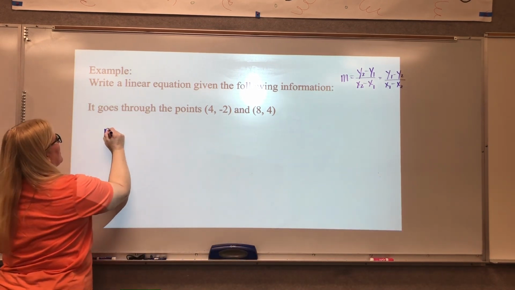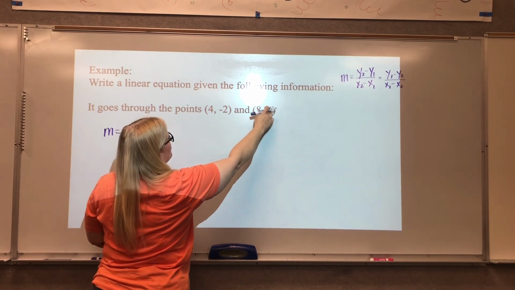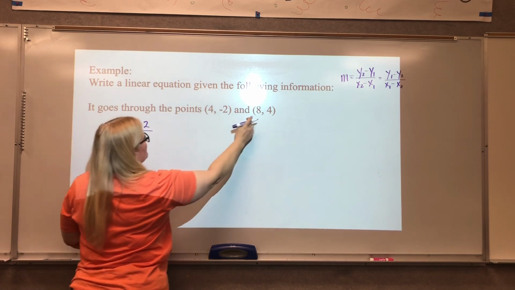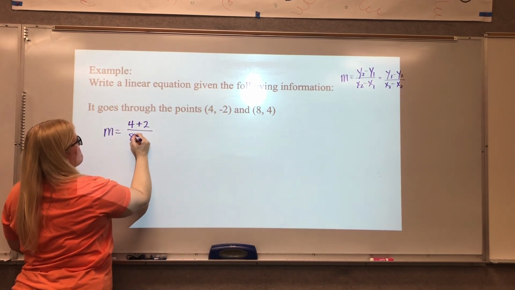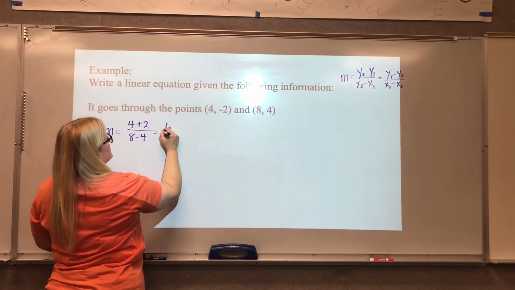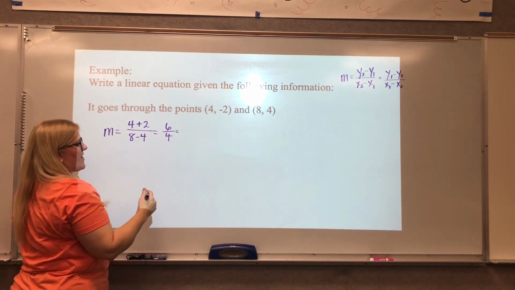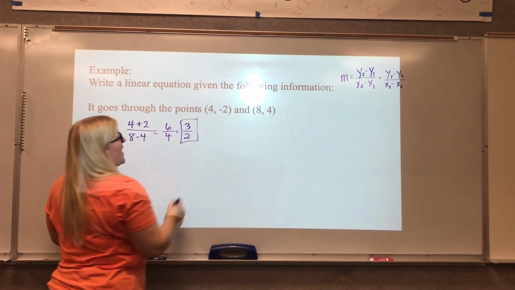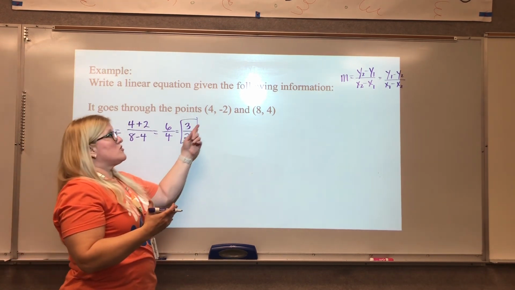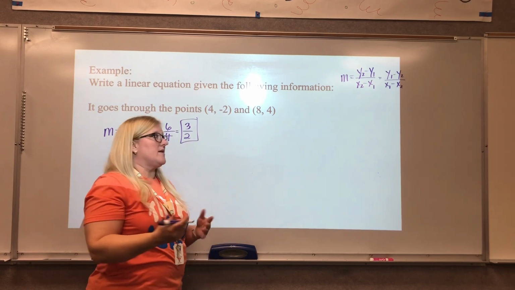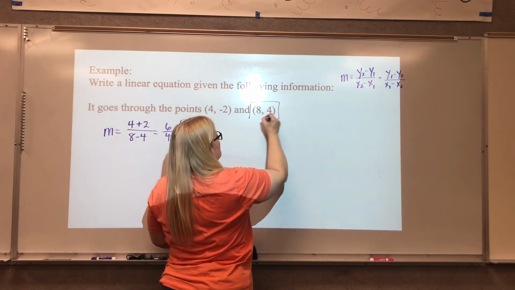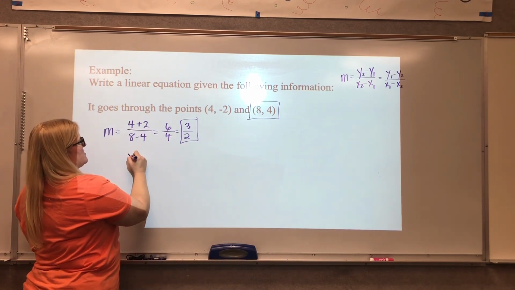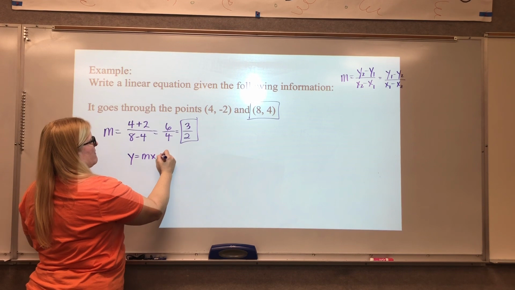Okay, so m equals, I'm going to go this way, 4 minus a -2, over 8 minus 4. So I get 6 over 4, and if I simplify that, I have 3/2. So now I have m. And now I just use one of these points. It doesn't matter which one. I'm going to use 8, 4 because they're both positive. I'm going to plug that in to y equals mx plus b.